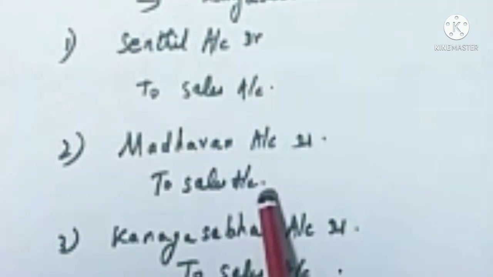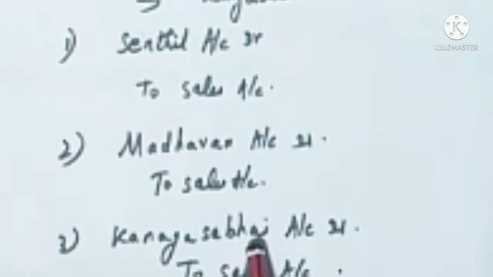Again, when we prepare Madhavan ledger account, Madhavan account is debited, so we have to write it on the debit side to sales account. Similarly, while preparing Kanagasabai ledger account, Kanagasabai is debited, so we have to write it on the debit side to sales account.